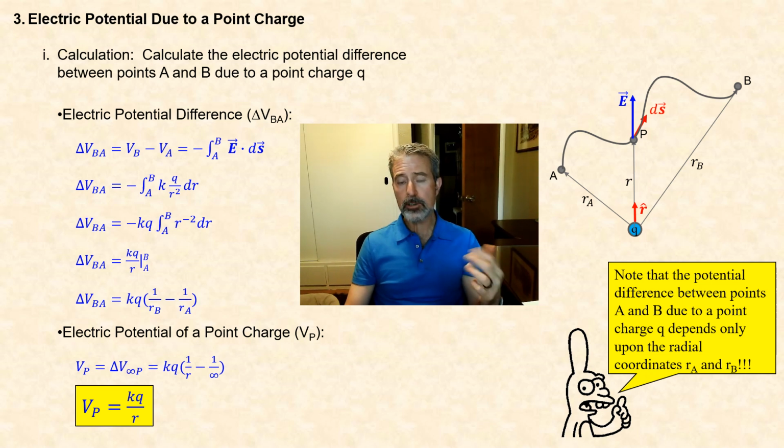So this is how we can define our scalar field for a single point charge. Notice it is simply given by Coulomb's constant times the charge itself, which can be positive or negative, divided by the separation distance between the field point and that source point charge.